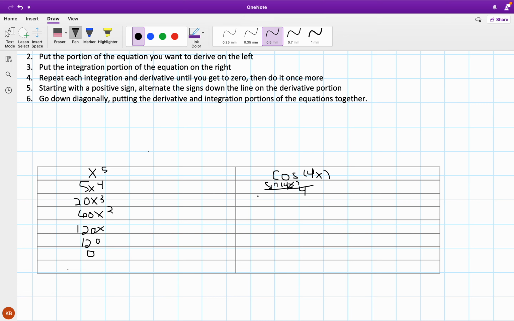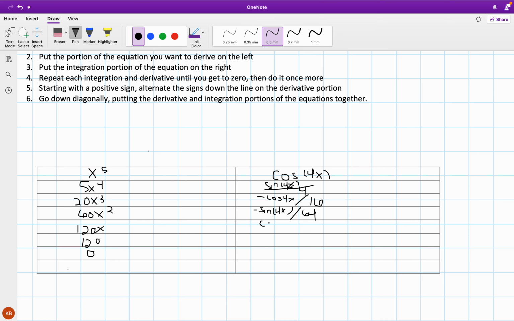The integration of this is negative cosine 4x over 16. Then we integrate again, and that would be negative sine 4x over 64.